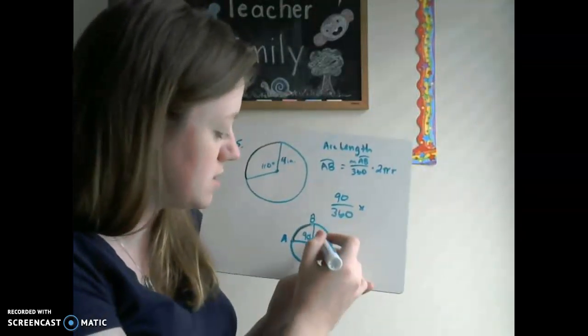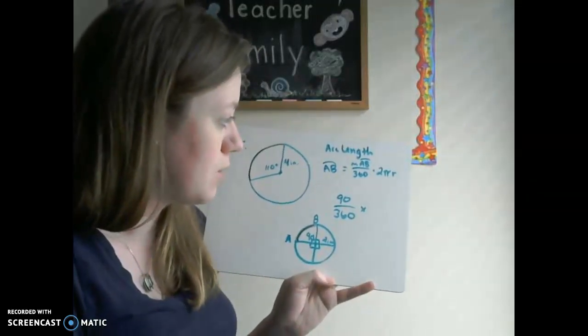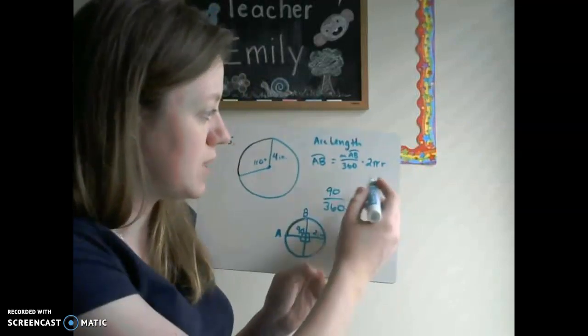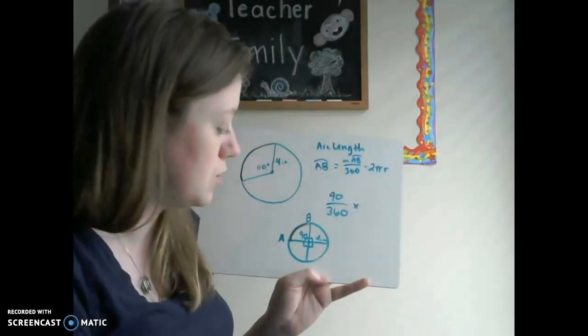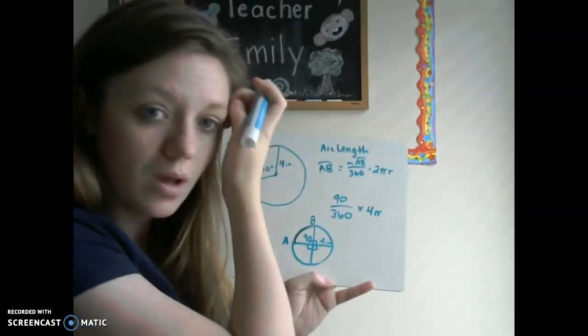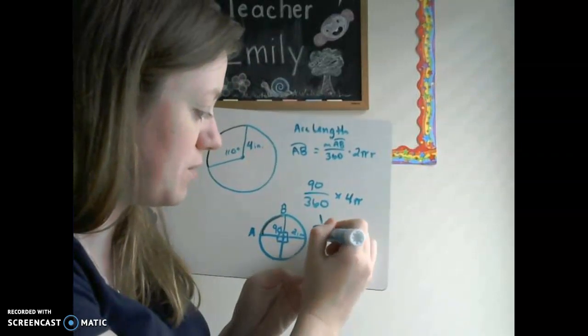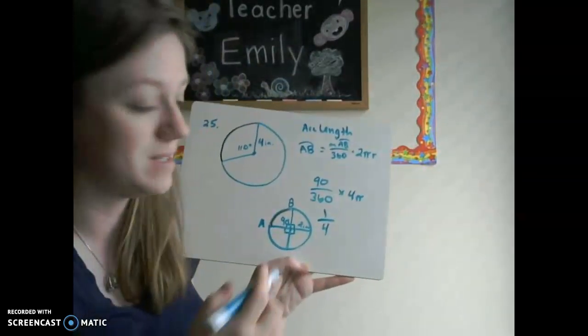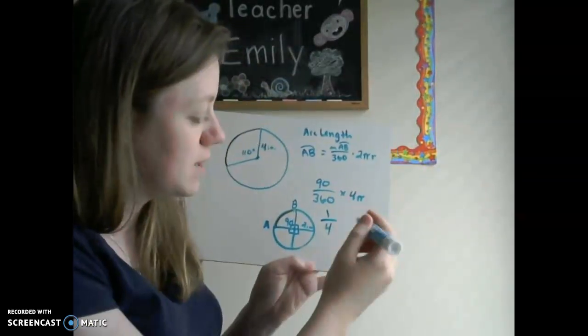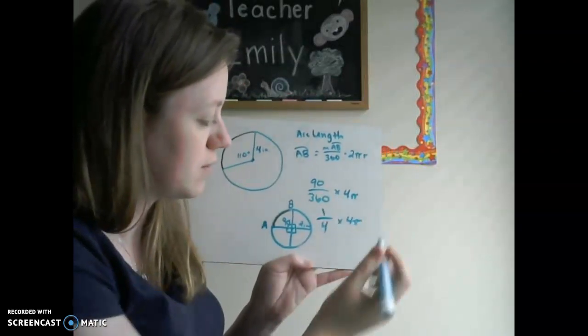So let's say the radius is 2 centimeters. So 2 times pi times 2 is 4 pi. Okay, 90 over 360 reduced, I'm just going to give it to you, is 1/4, which you probably could have guessed because this is 1/4. So 1/4 times 4 pi.